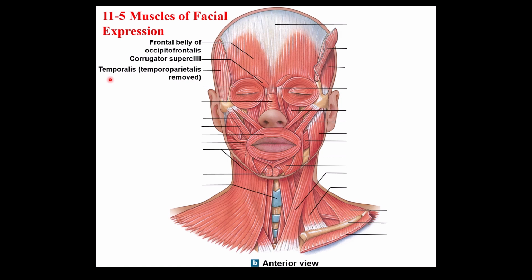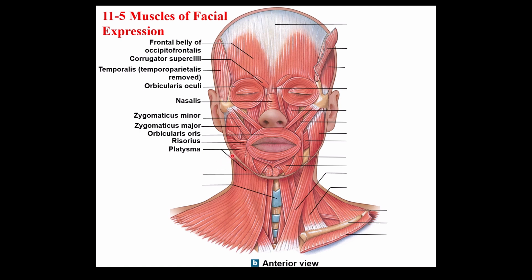This is for chewing. Orbicularis oculi, nasalis, zygomatic minor and major. These two. Orbicularis oculi, this one. Then this is a new one, so risorius. Risorius also moves the corner of the mouth toward the ear, so it's important for smiling.